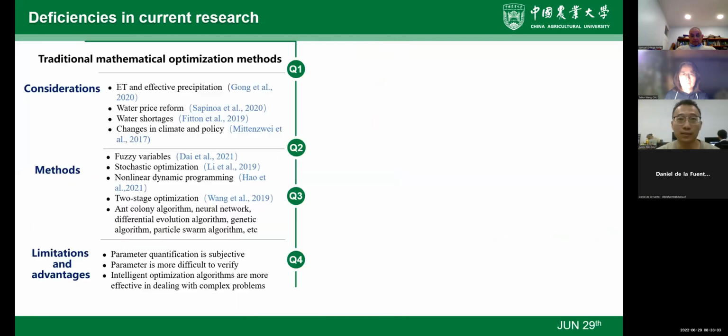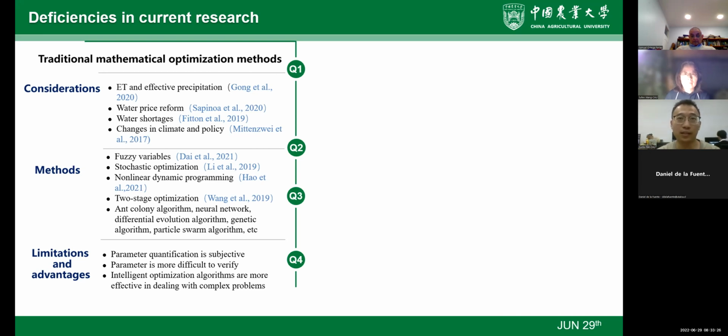There are two methods for optimizing crop water consumption. One is the traditional mathematical method. This method considers factors such as evapotranspiration, effective precipitation, water price reform, water shortage, climate and policy changes.